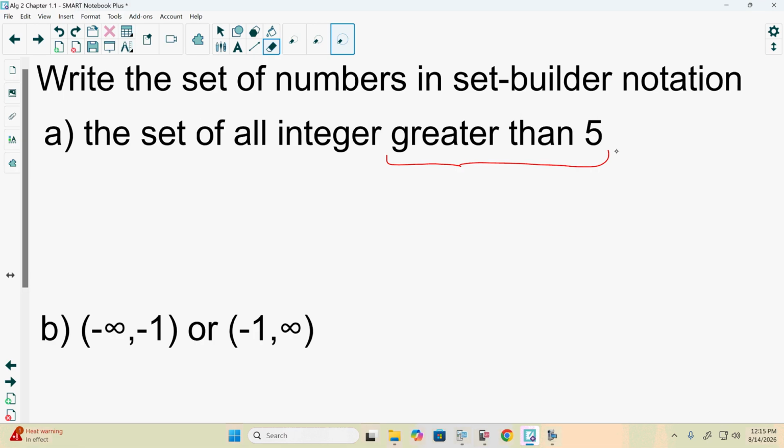This is our group of numbers, and this is our description, if we have it in words. On the next one, we have that interval, that's our description. The interval is our description. However, we cannot write an interval in set builder. It really wants inequalities. If we're talking about a range of numbers, we need it in inequality form.